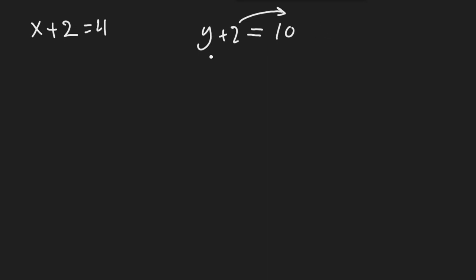If I move y, I have to write 2 equals 10 minus y. If it is minus y, we have to change it to positive y when we switch it from left to right or right to left.